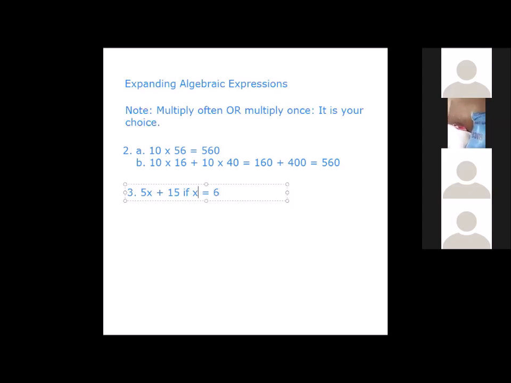How much is the value of the expression 5x plus 15 where x is equal to 6? 45, ma'am. Okay, let us check. 5 times 6 is 30 plus 15 is 45. Yes, you got it right. So we have 45.